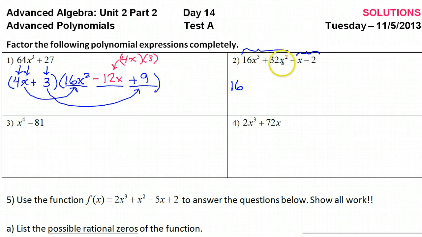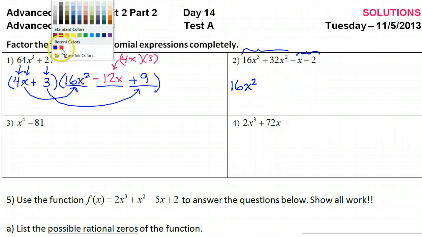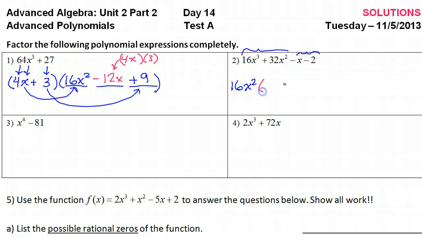And then I see x to the third and x squared, so they both have at least x squared, so let's go ahead and pull that out. So there's our GCF. Okay, that is going to leave behind x plus 2. 16 times 2 is 32.